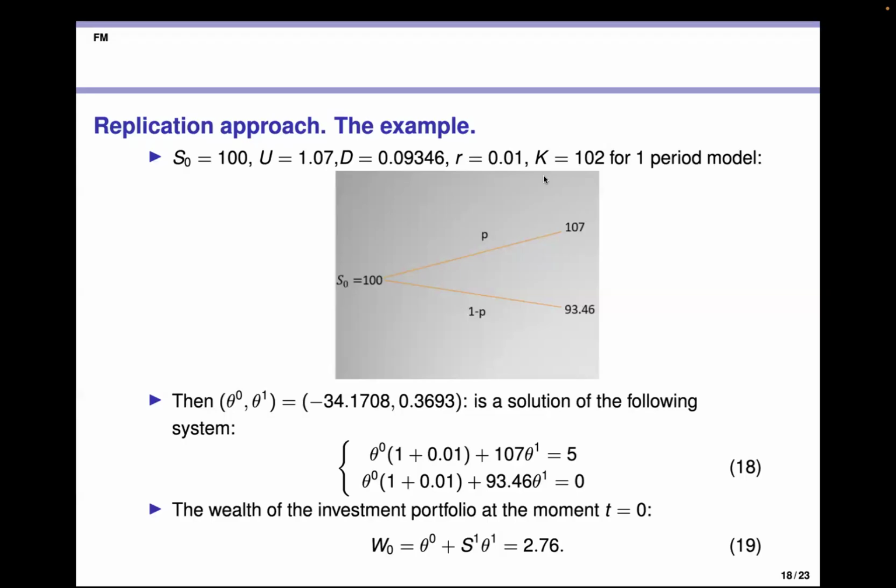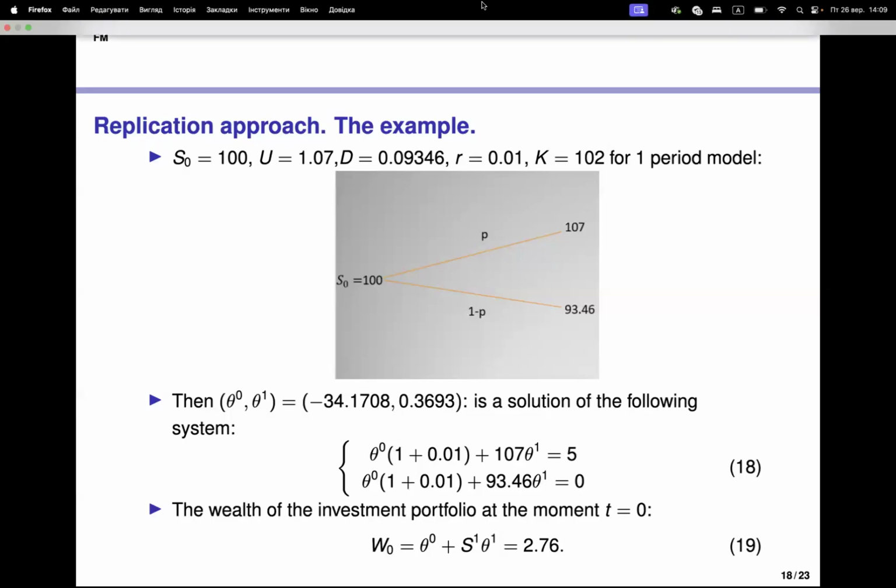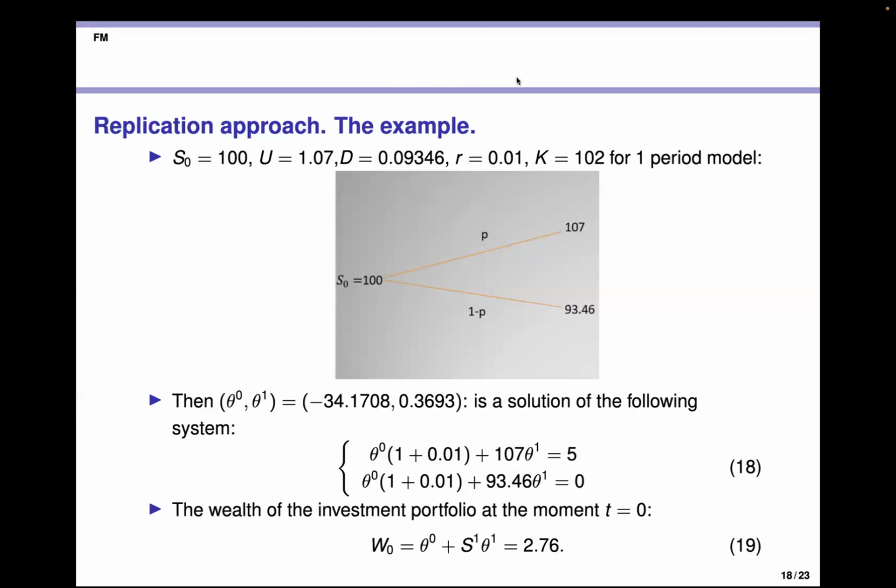And we have K equals 102. So our idea is a replicating portfolio: we create a portfolio with theta 0, which is cash, and theta 1, the amount of shares.